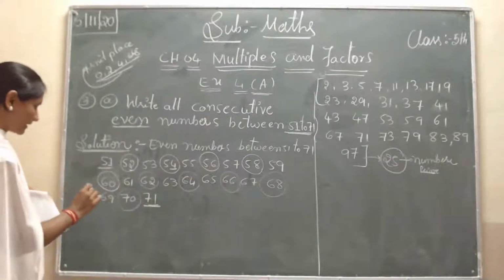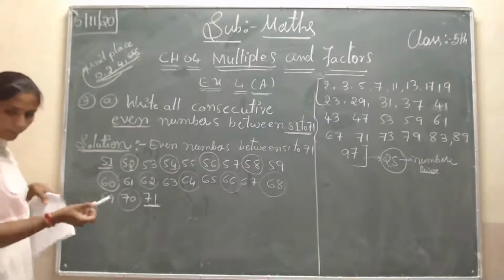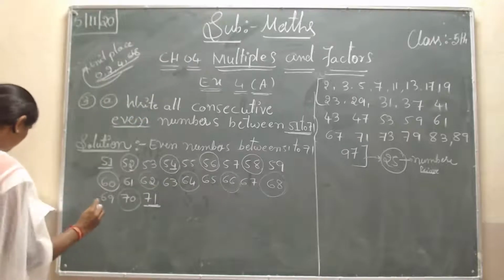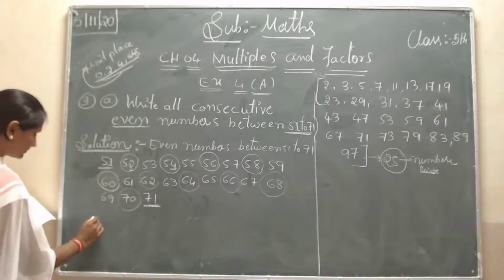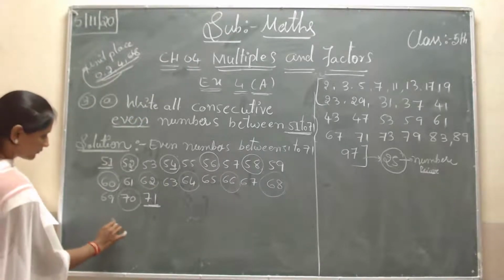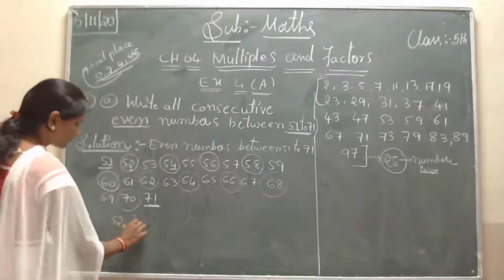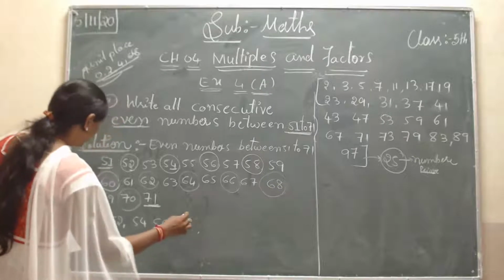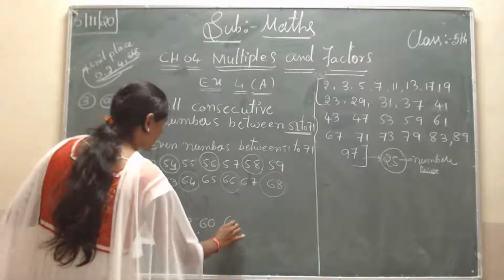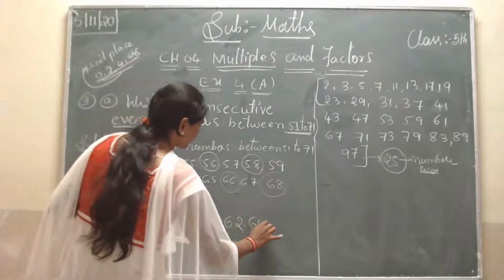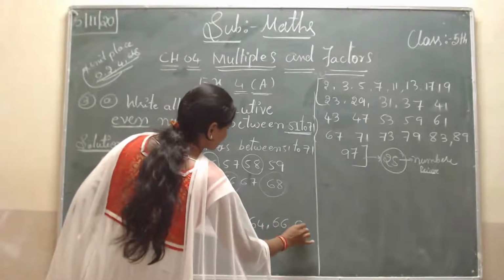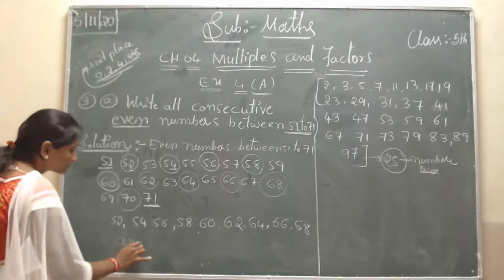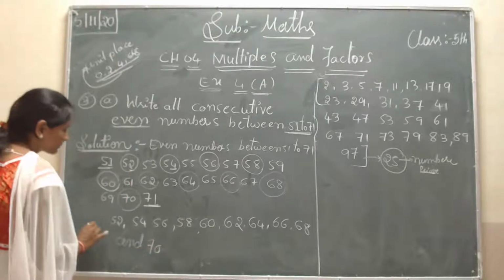What are the numbers you have to write? The even numbers, so you have to write 52, 54, 56, 58, 60, 62, 64, 66, 68 and 70, students.